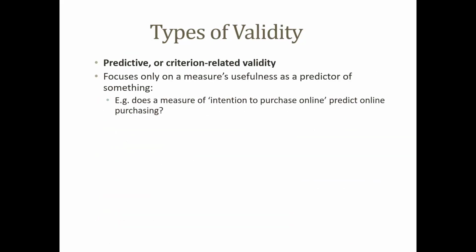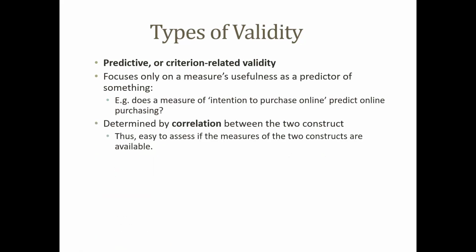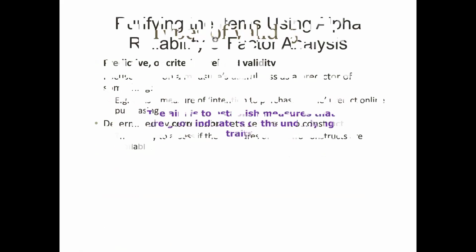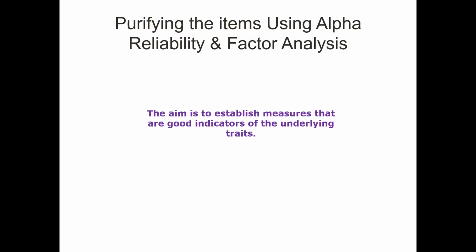There are some more types of validity, such as predictive or criterion-related validity. This is sometimes also known as the nomological validity.